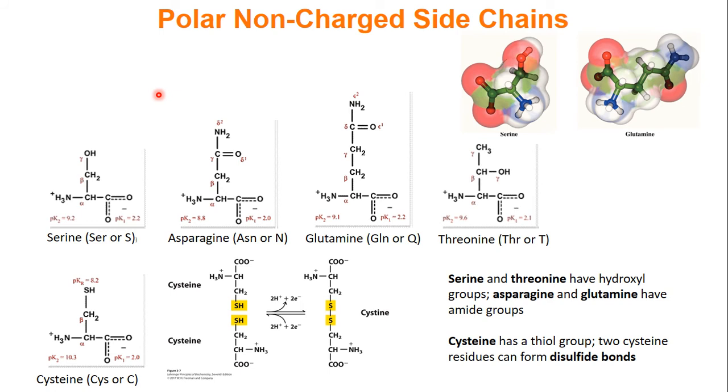Now let's go to the side chains that have a polarity but are not charged, the polar non-charged side chains. So we start with serine and cysteine. Notice serine and cysteine look very much the same, except serine, letter code S, has a hydroxyl, while cysteine, letter code C, has a thiol.